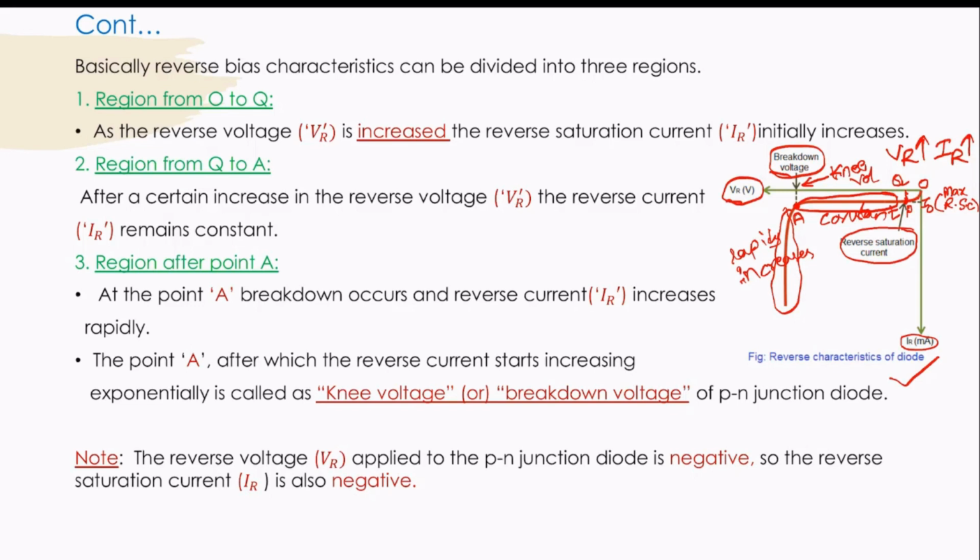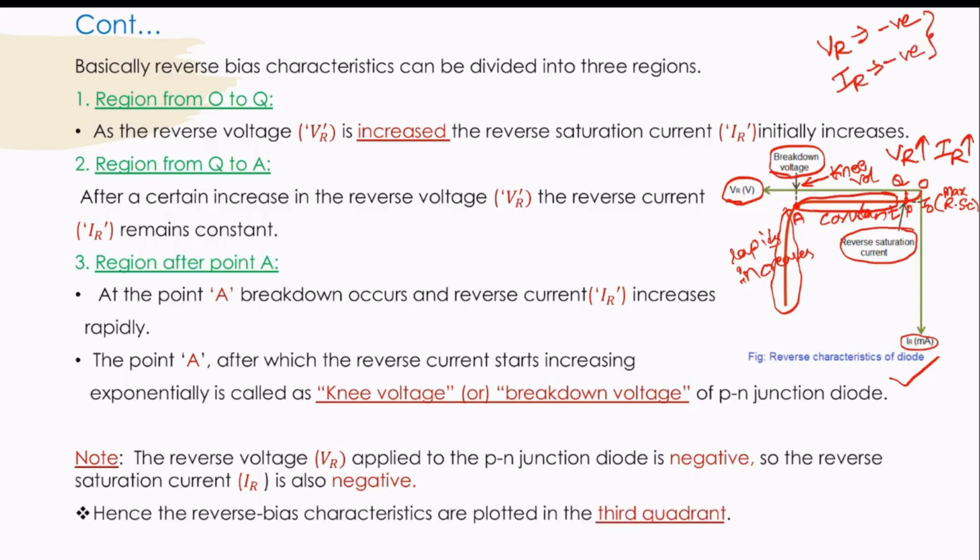In the case of the reverse bias characteristics, the reverse voltage VR is negative and the reverse current IR is also negative. Hence, the reverse bias characteristics are plotted in the third quadrant. So this is how the reverse bias characteristics of the PN junction diode are plotted.